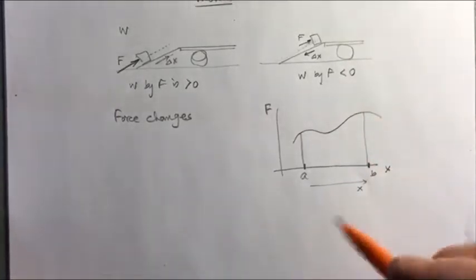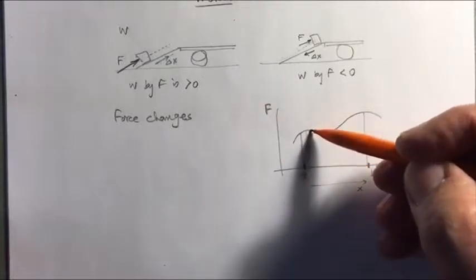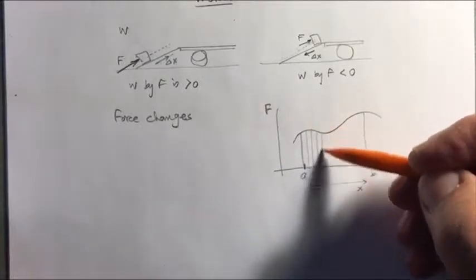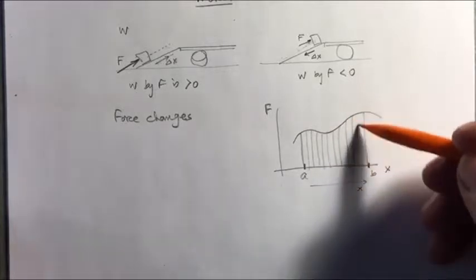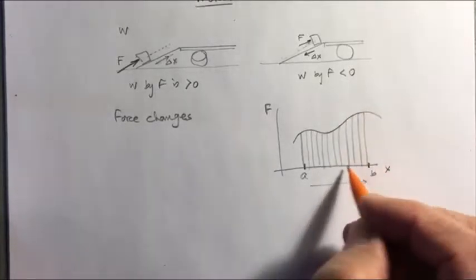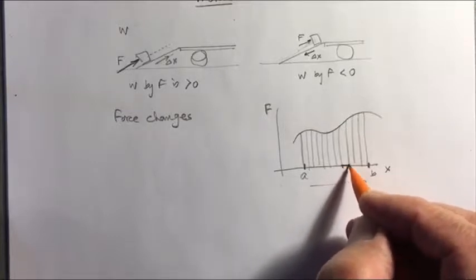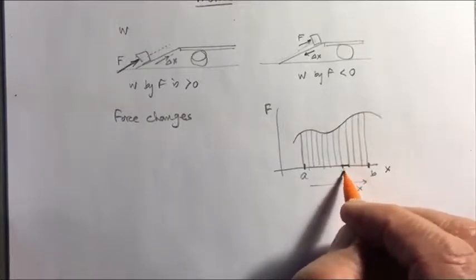So in this case we break this up into a number of small parts, and then we consider the work done in each of these parts. So let's say we take this one, so from here to here it goes this way.